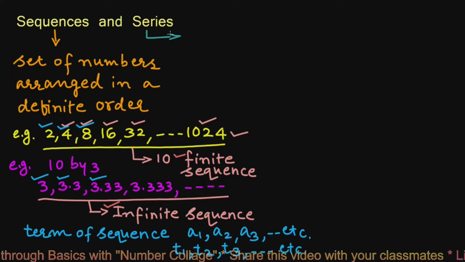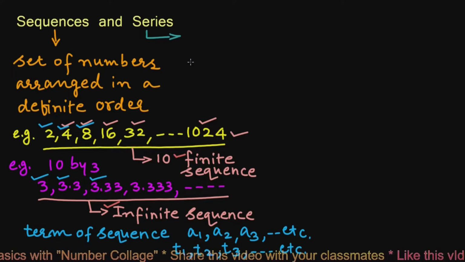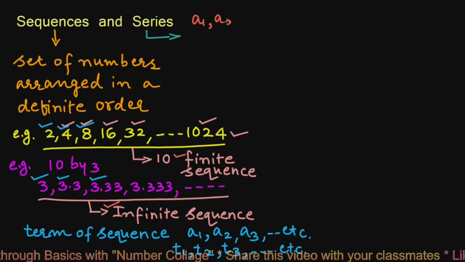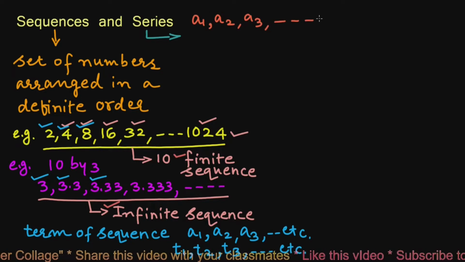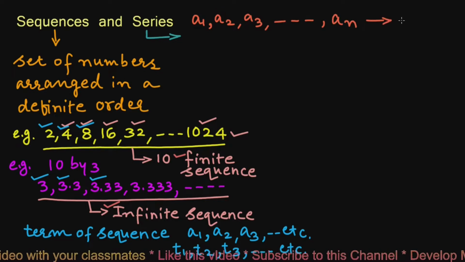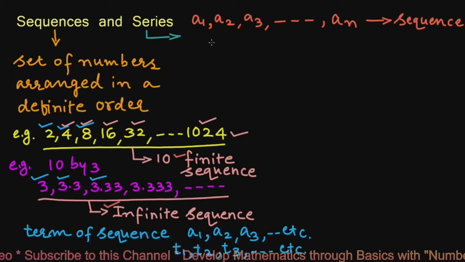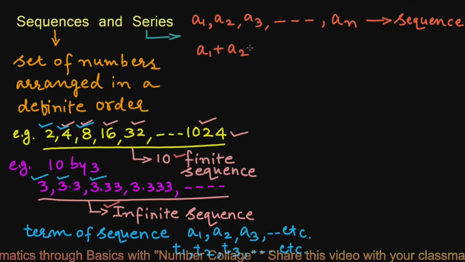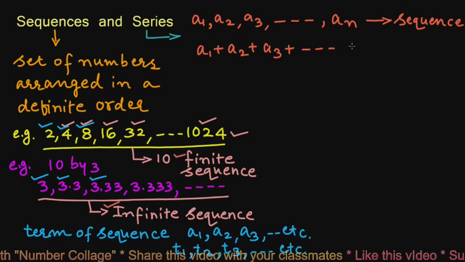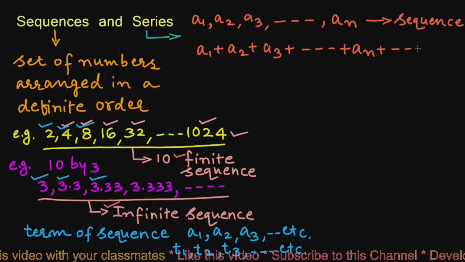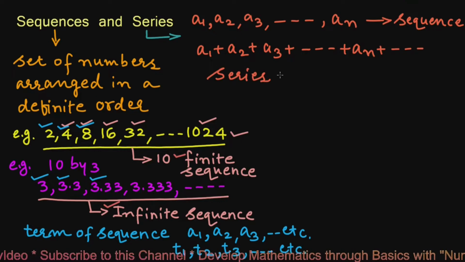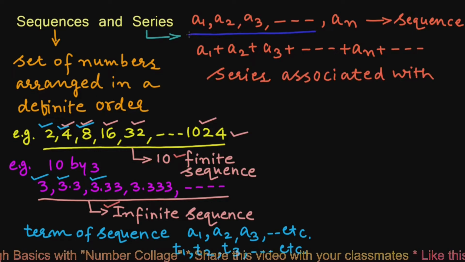Series originates from sequence, and therefore if a1, a2, a3, and so on up to an is a given sequence, then the expression a1 plus a2 plus a3 plus and so on plus an plus so on and so forth is called the series associated with this sequence.